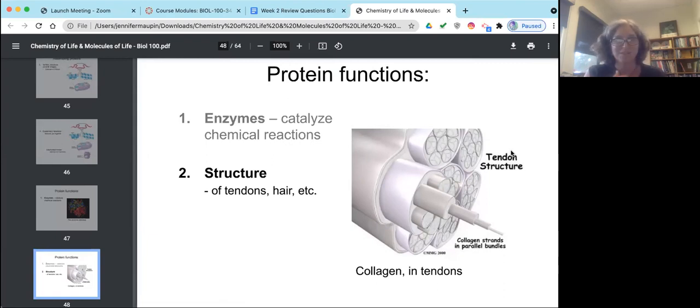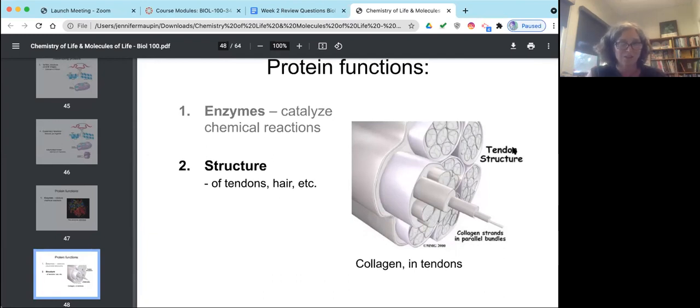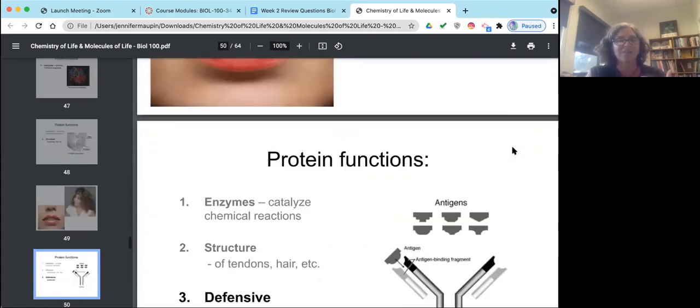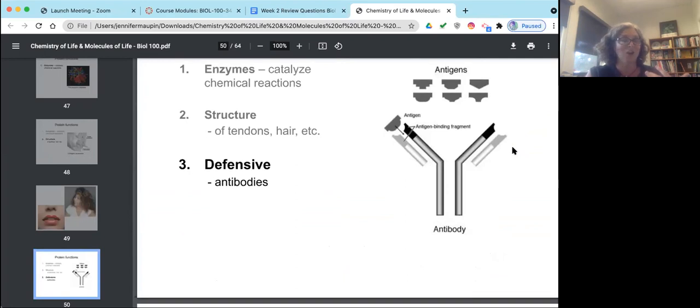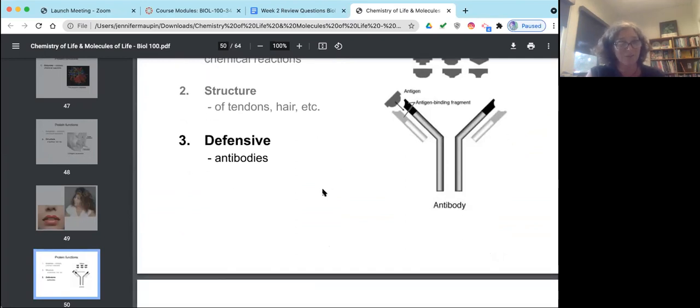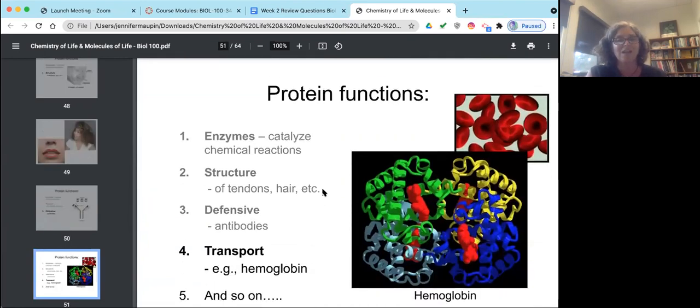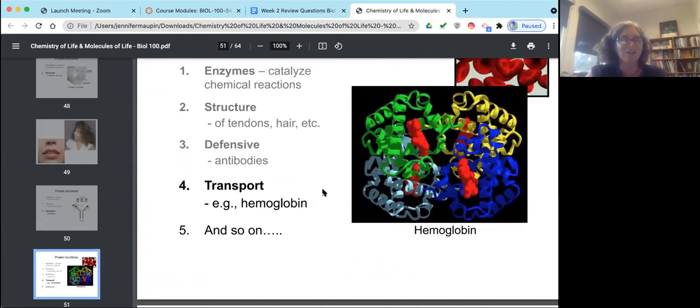They can be enzymes. Every single reaction that we have in our body is catalyzed by a specific enzyme, which is a specific protein. They provide structure. They do transport. They are antibodies that we use in fighting off diseases. They are controlling what goes in and out of cells. The list just goes on and on.